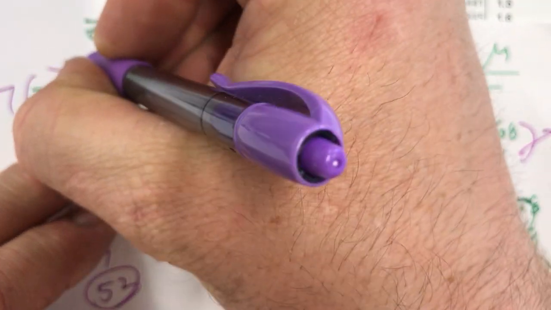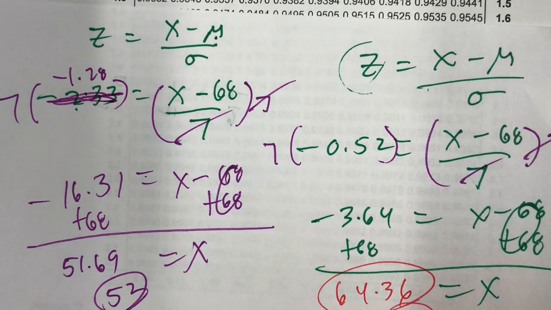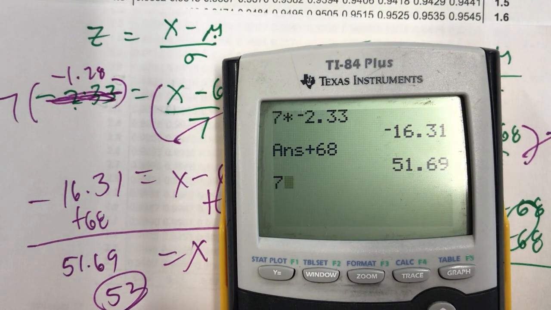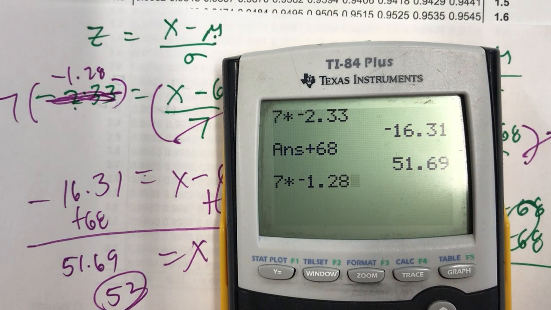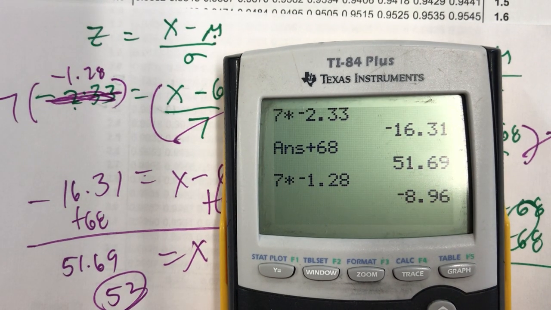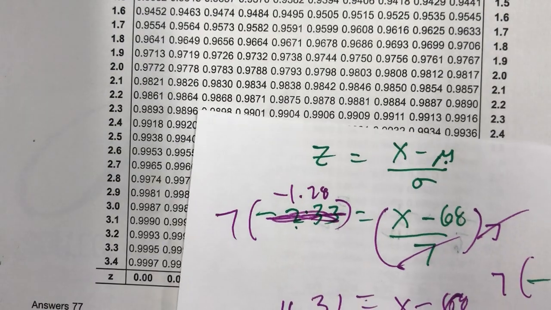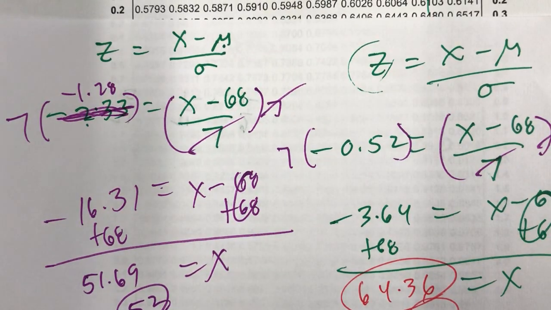This is negative 1.28. So, okay, it's going to be 7 times negative 1.28, and then add 68, which is 59.04, which would be 60. All right, so I've made a mess of some of these, man.